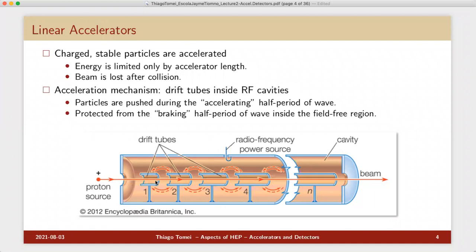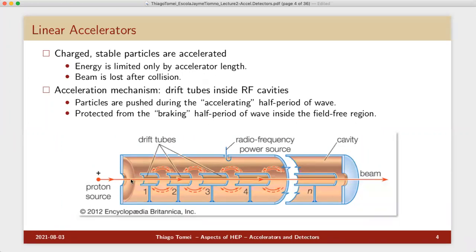in a half period. But then the wave comes back, right? It does, because it has to be a standing wave there. So if we don't protect the particles from that, we won't be able to accelerate anything.